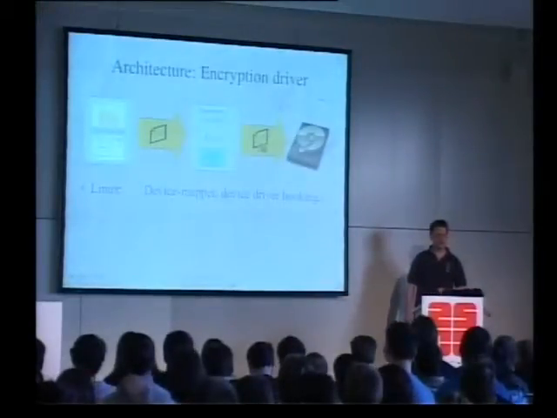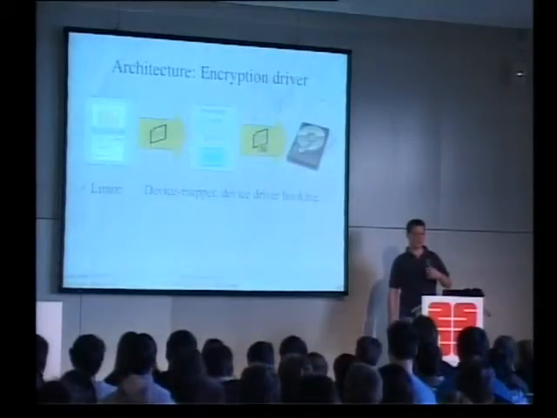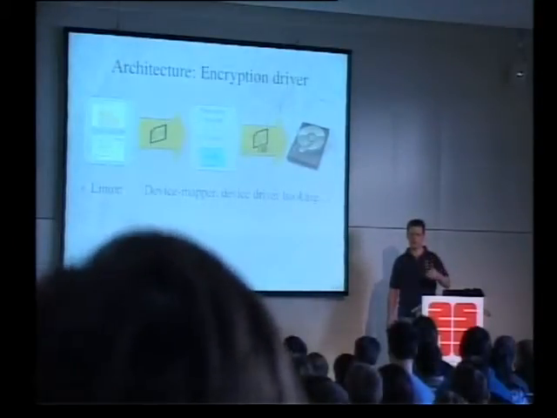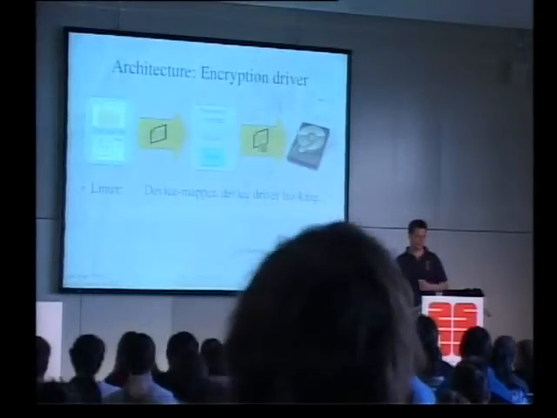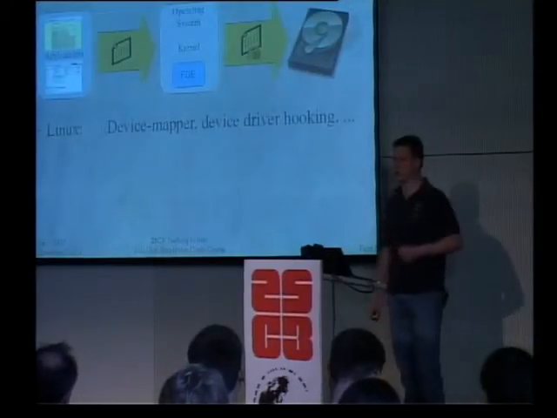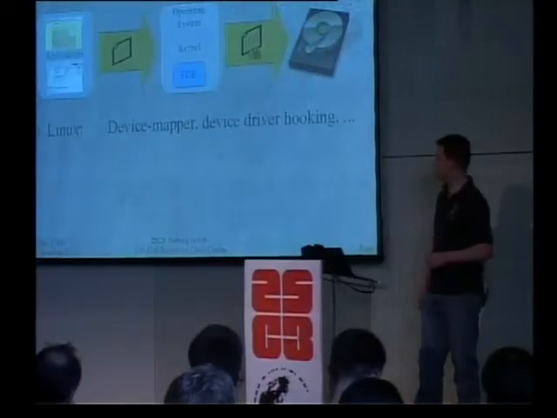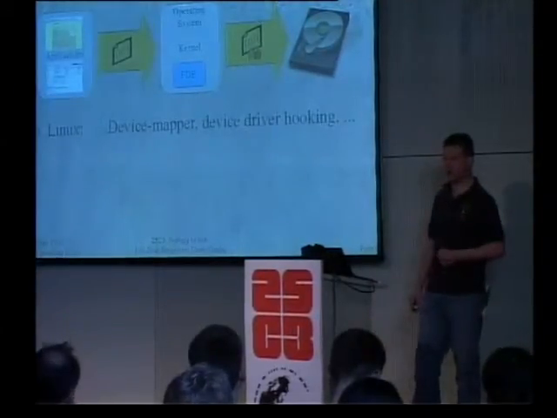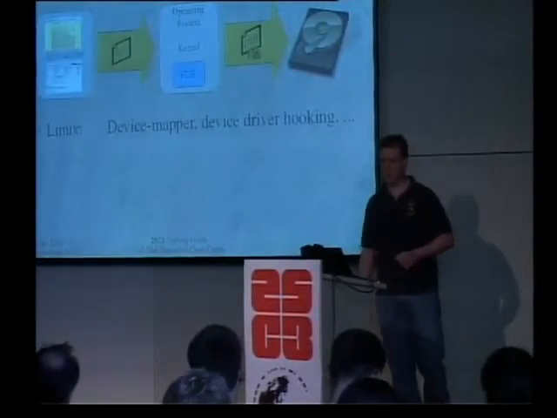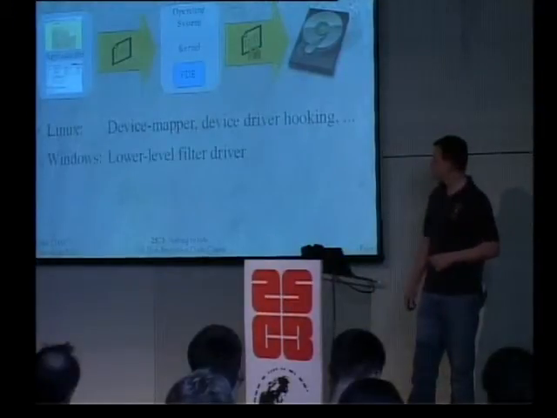You can also do device driver hooking, which is more of a kernel module that looks at the driver for the hardware, for the disk, finds the right point and reroutes the function call to itself, does the little encryption magic, and then passes back on to the driver. So it's more of a hook and inject sort of solution, rather than the device mapper, which is architectural.